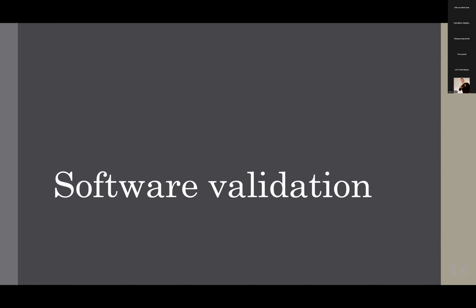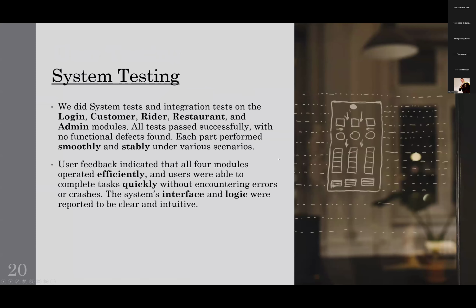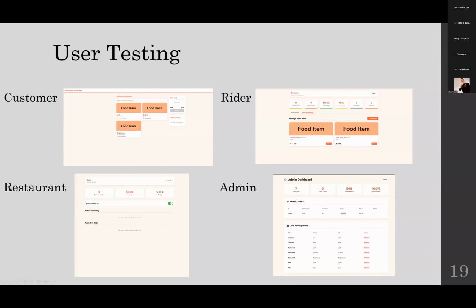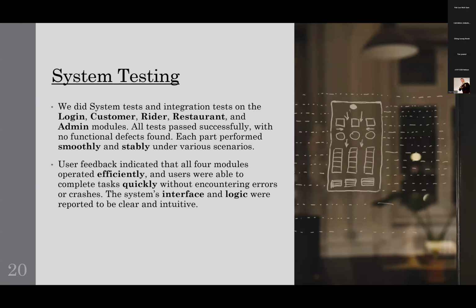So let's talk about the software validation. We conducted multiple tests across the login, customer, rider, restaurant, and admin modules. All tests pass successfully with no functional defects, and each module performs smoothly and stably in various scenarios.